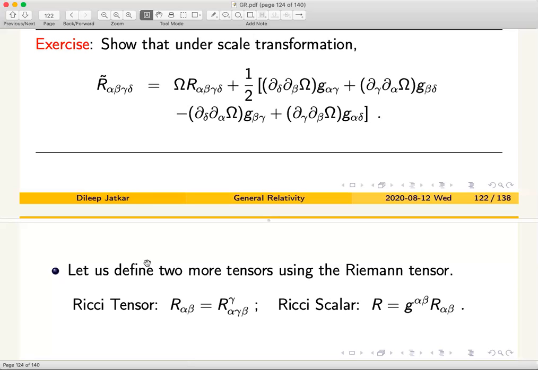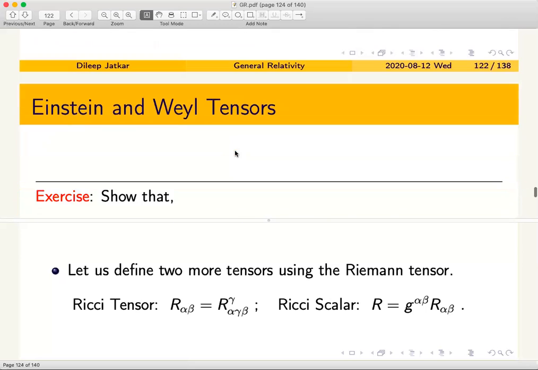If you do that, then the contravariant index metric transforms as omega inverse. Therefore the covariant Riemann tensor itself transforms with a factor of omega, but G inverse transforms with a factor of omega inverse, and therefore the transformation property of the Ricci tensor should not carry a factor of omega, and that's what we will find here.